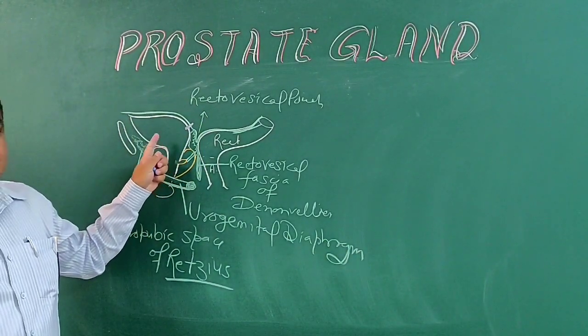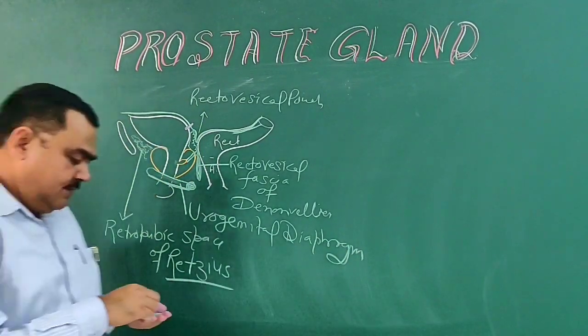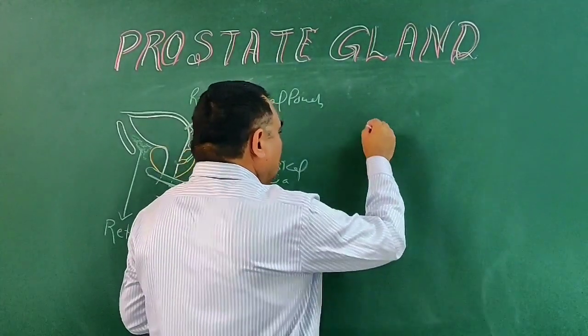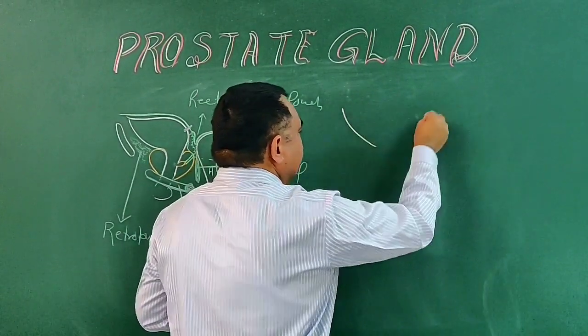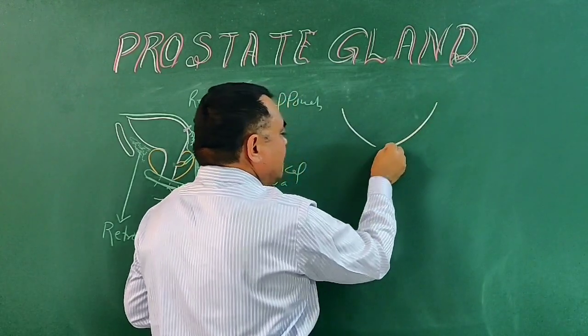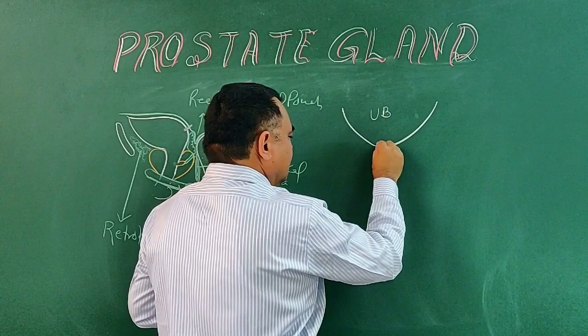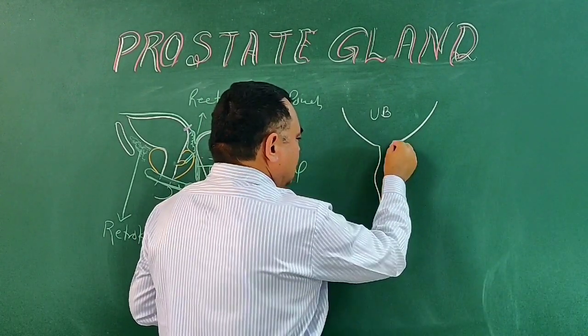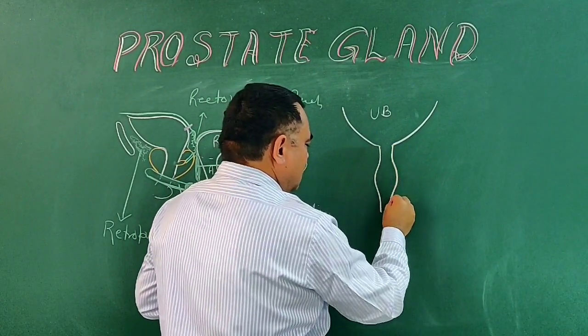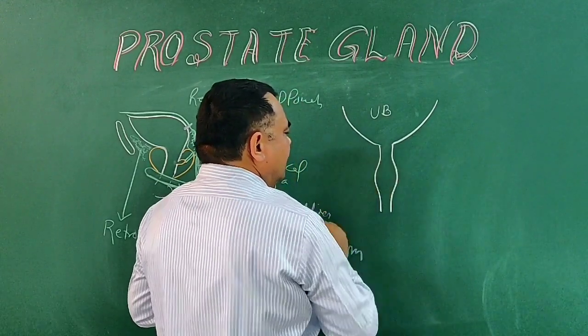This is the sagittal section. If you see the coronal section, you will find this is the urinary bladder, and here is the prostatic part of the urethra.